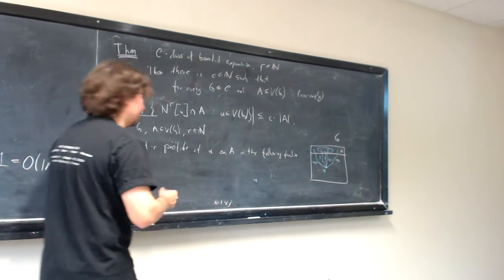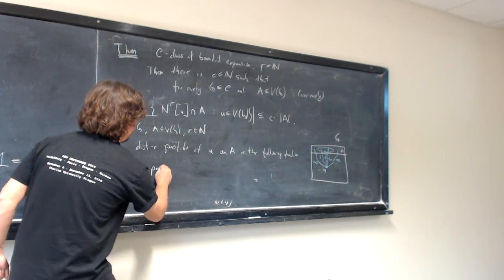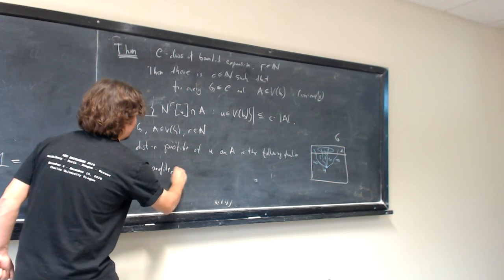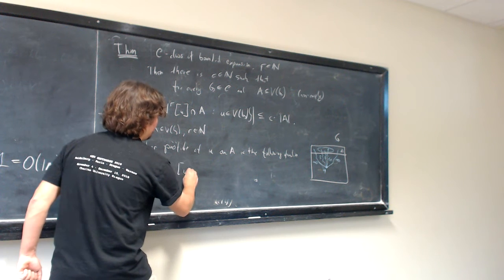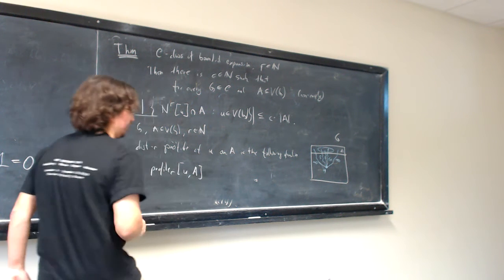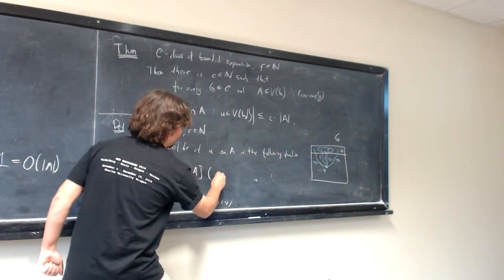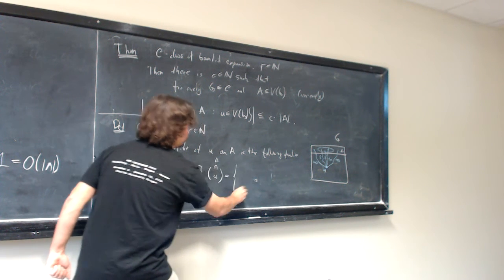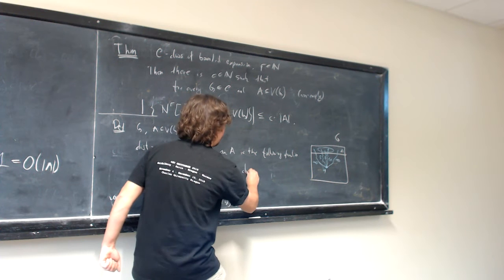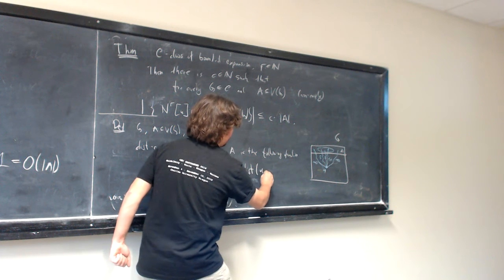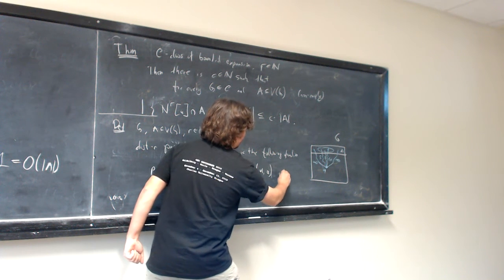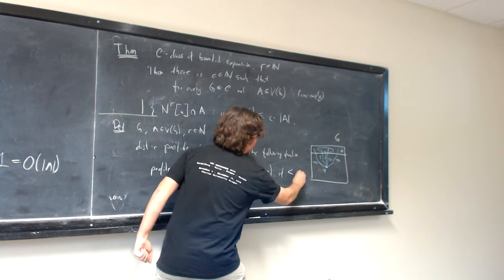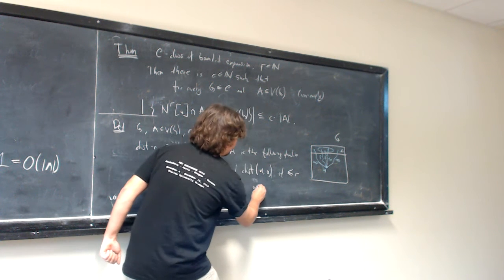So let me now say it. The profile at distance r of u on A is a function that to a vertex a from A assigns the distance between u and a if that is smaller than or equal to r, or infinity otherwise.